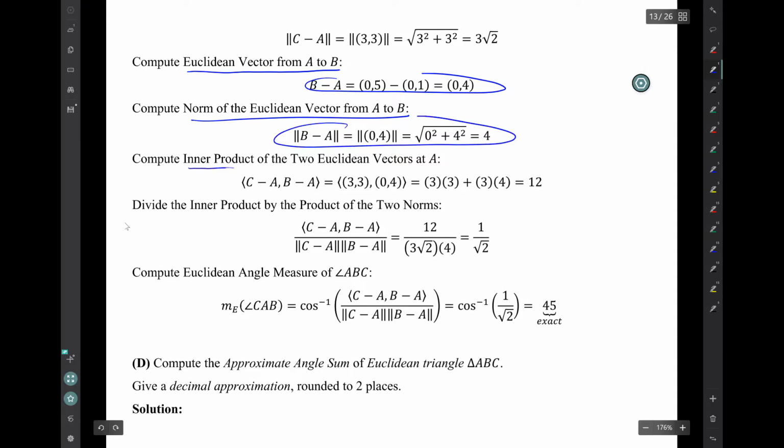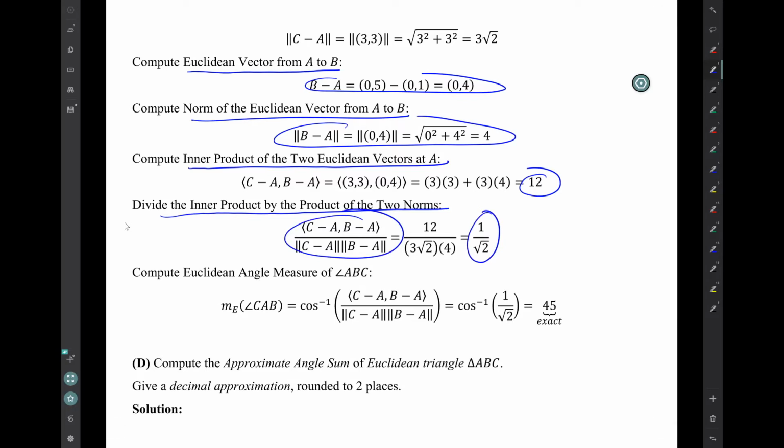I compute this inner product of those two vectors, and I get that number. And then I divide that inner product by the product of the two norms to get this result. And then finally, I'm able to use that as the argument, as the input to the cos inverse function, and I end up with this answer, cos inverse of that.